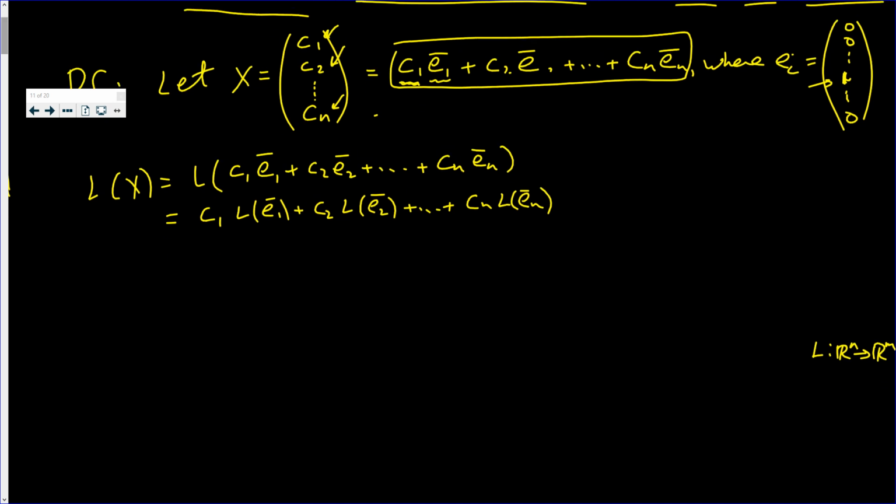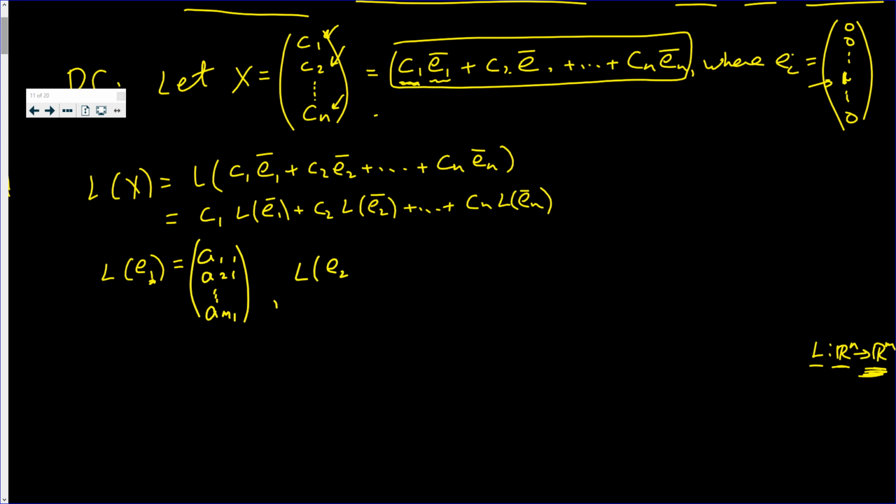Now remember, L goes from Rn to Rm. So L of E1 is going to be in R sub m. Let's say it equals A11, A21, down to AM1, with first row, second row, up to the mth row.